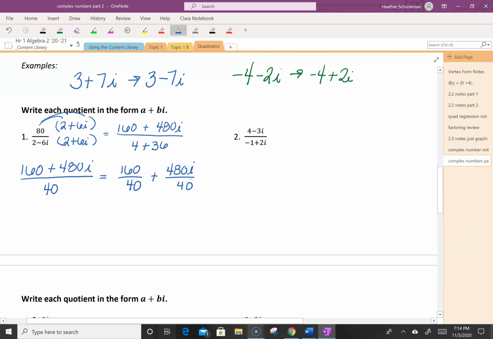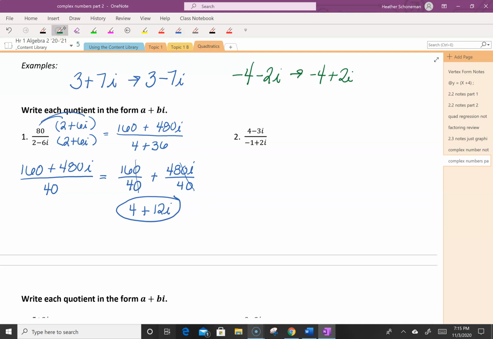Now see how it's split into 2 terms? Before we can consider this our final answer, we need to reduce it. So the zeros cancel out. 16 divided by 4 is 4. Plus, the zeros cancel out, 48 divided by 4 is 12i, and that's my final answer.